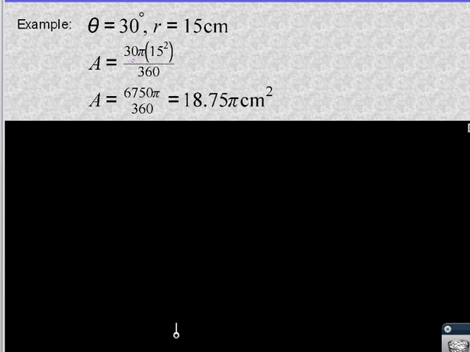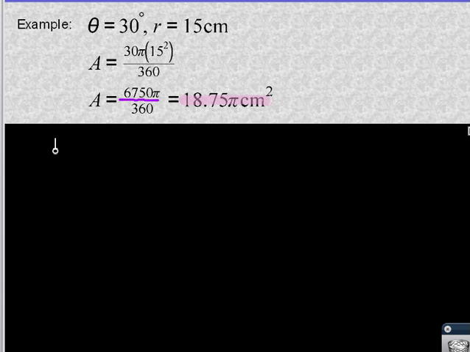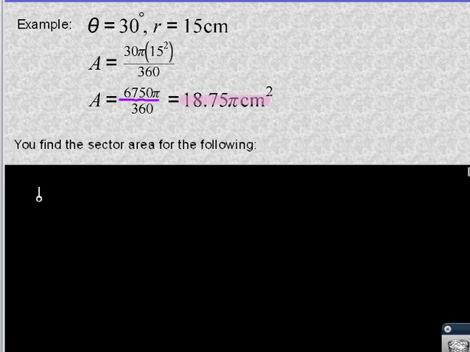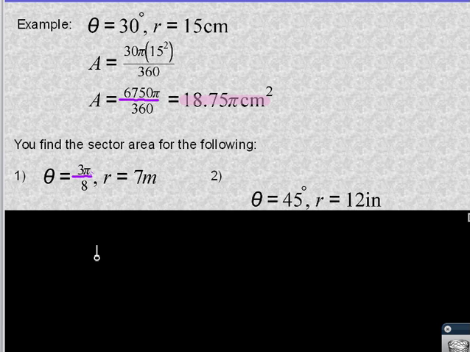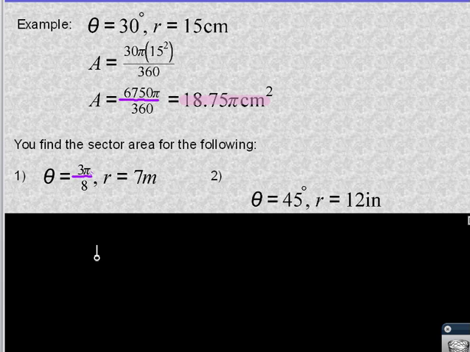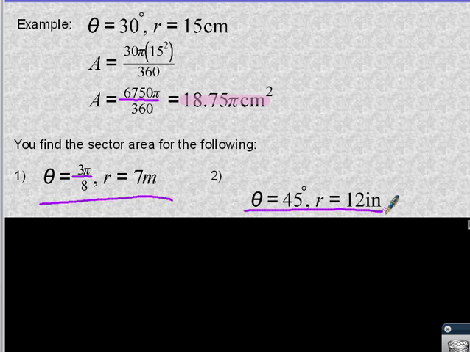If I multiply everything on the top except pi, you're going to get this, and then divide out the 360, and you end up with 18.75 pi centimeters squared, which, again, multiply it if I ask you to round to a decimal. All right, so you should find the sector area for these two problems. So this one has an angle in radians, and this one has an angle in degrees.